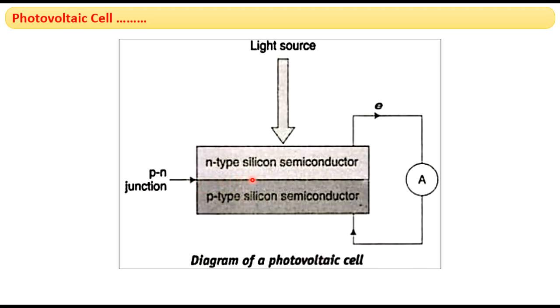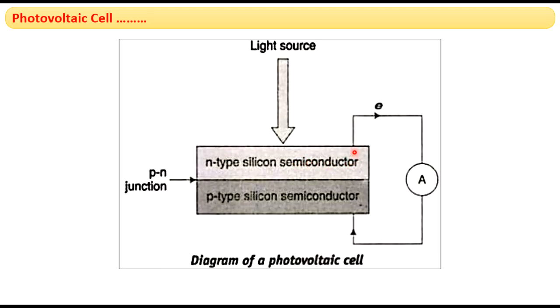This is the area where the two types of silicon meet. Here an electrical field will be created, and when light strikes the photovoltaic cell, the electrons which are present in the n-type silicon will be driven by the electrical field. This electrical field will provide momentum and also direction to the light stimulated electrons.